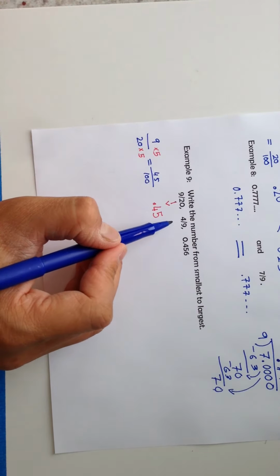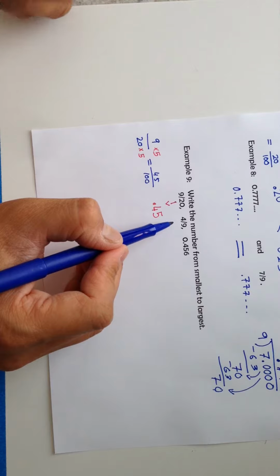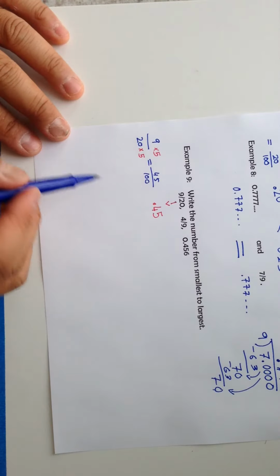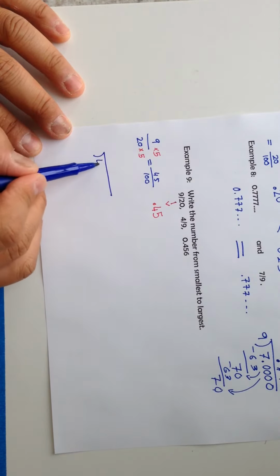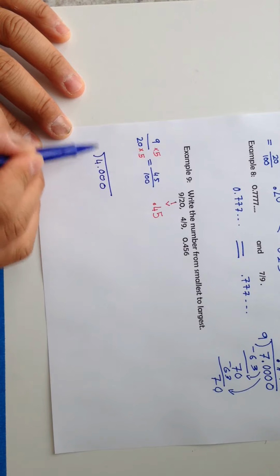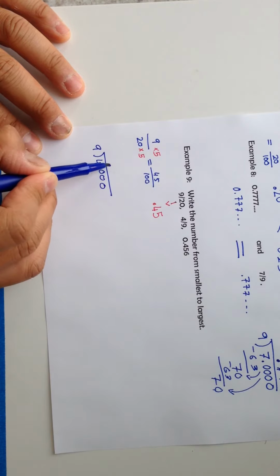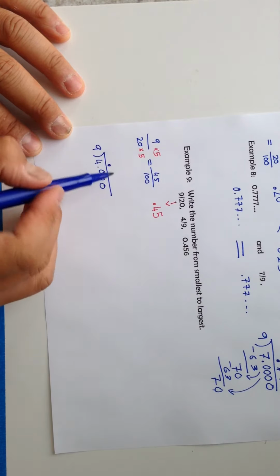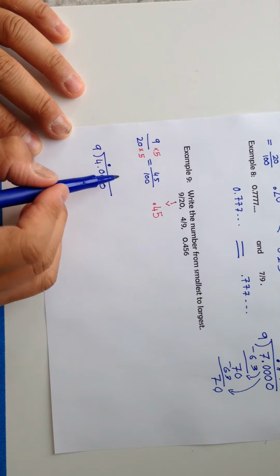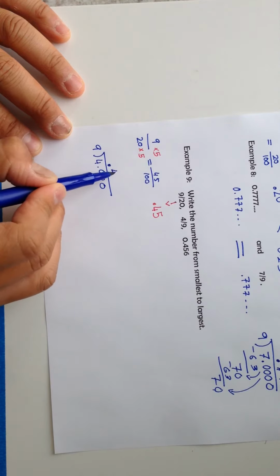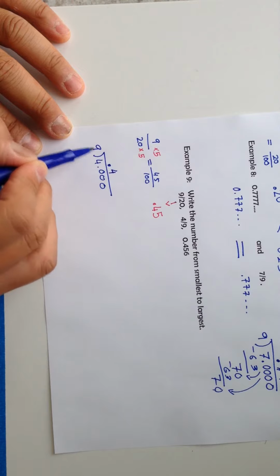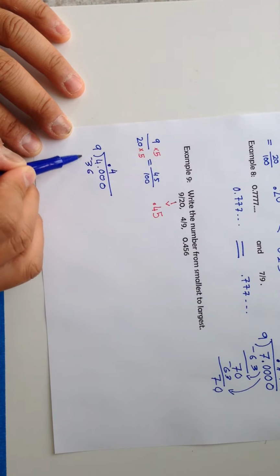We have to set it up as a division problem. There is no shortcut for this. So 4 divided by 9, and 9 goes into 40 4 times. 4 times 9 is 36.